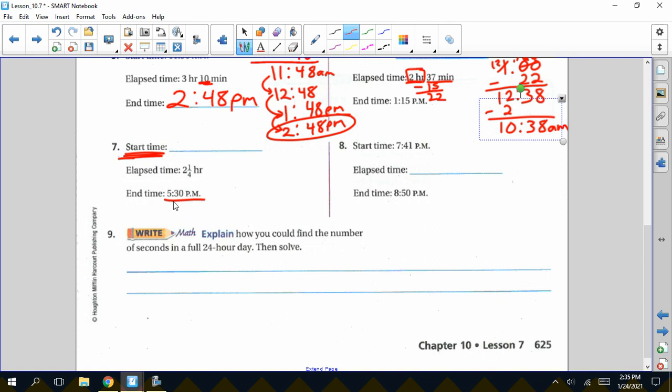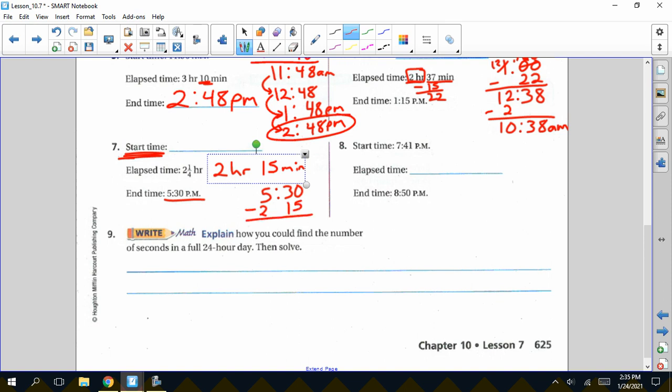On this one, we have 5:30 p.m. and we're only going back 2 1/4 hours. Or remember, 2 1/4 hours is 2 hours and 15 minutes. So if we start at 5:30 and we take away 2 hours and 15 minutes, we go backwards in time.